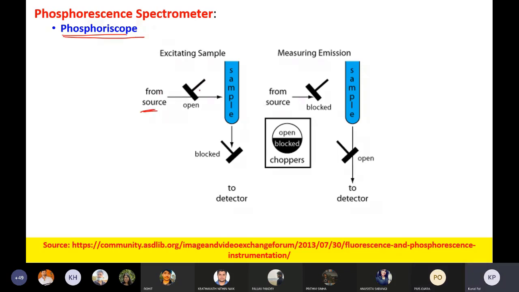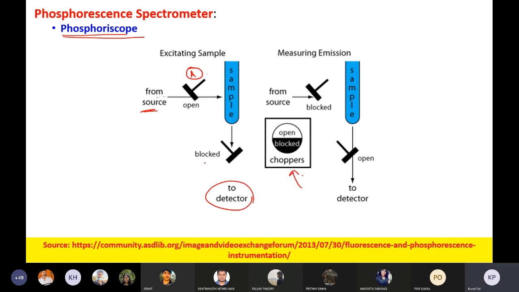From the source it comes. Just like the fluorescence detector, we do the measurement at the 90-degree angle. However, there are two choppers which are used. In the first case, the first chopper, chopper A, allows the light to pass through it and it falls onto the sample. Okay.